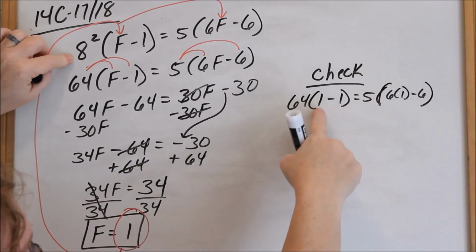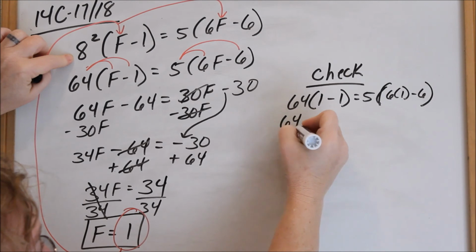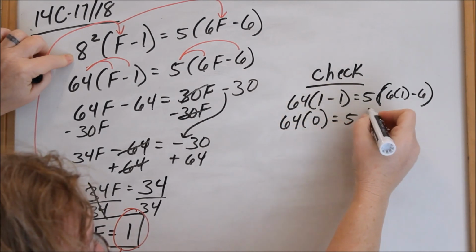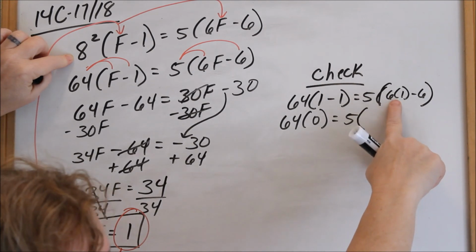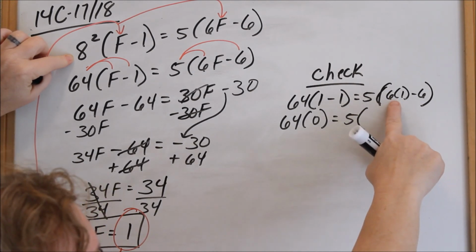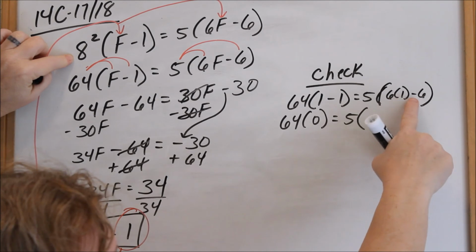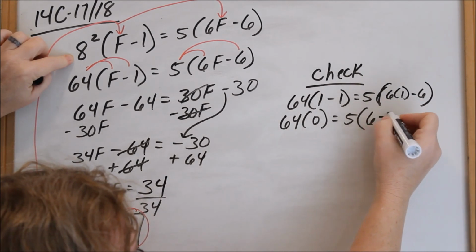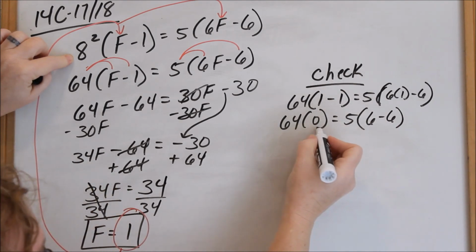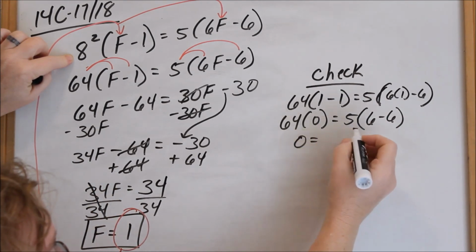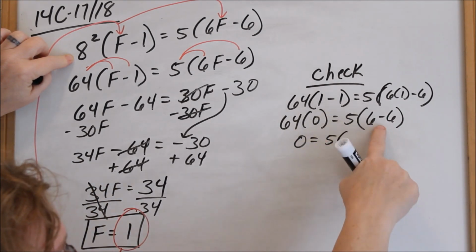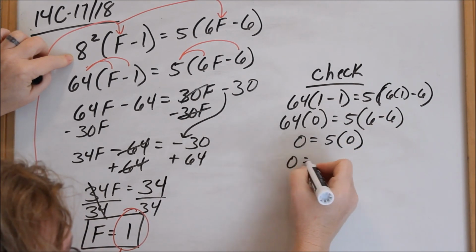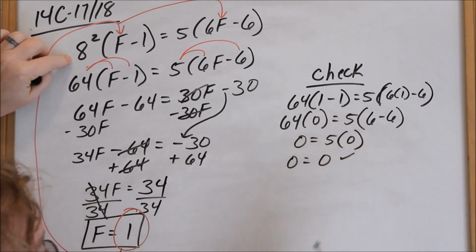So PEMDAS says do parentheses first. 64, 1 minus 1, 0. 5 times, do this first in the parentheses because PEMDAS says do multiplication before subtraction, and we are in our parentheses. So 6 times 1, 6, minus 6. 0 times anything, 0. This would be 5 times 6 minus 6 is 0. And then 0 times anything on the right, 0. So it checks.